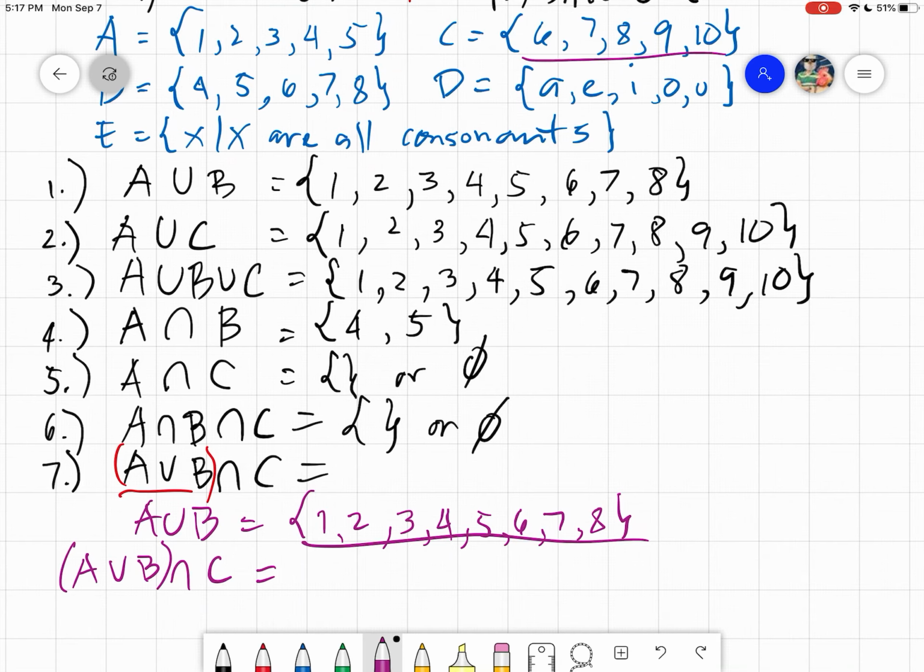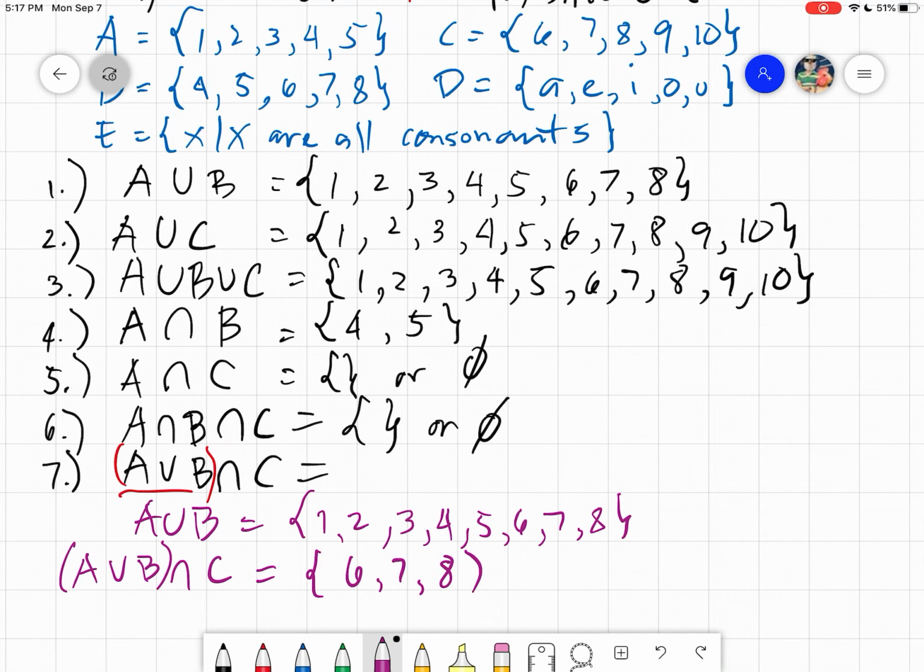The only common thing between A union B and C is simply 6, 7, 8. So my A union B intersection C is just simply 6, 7, and 8.